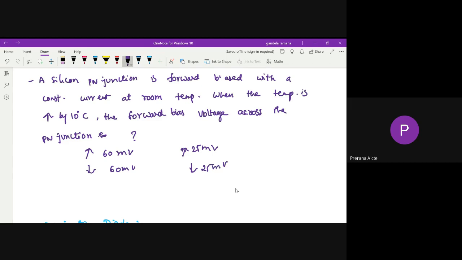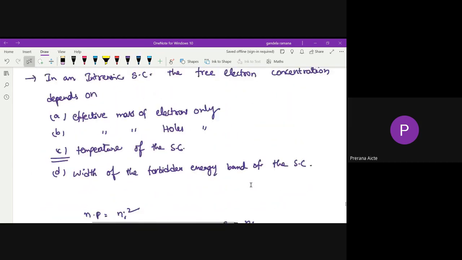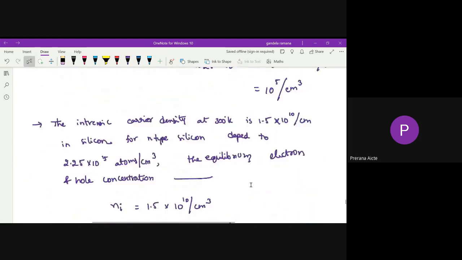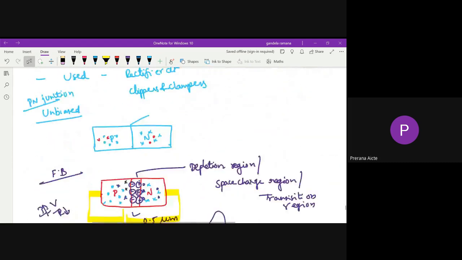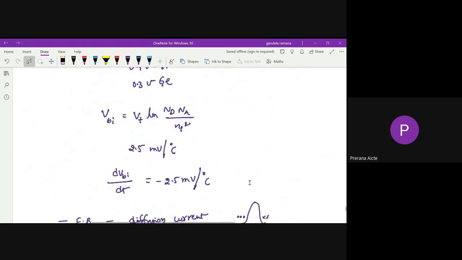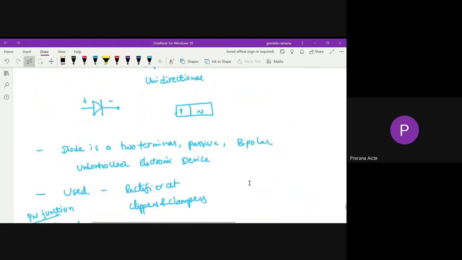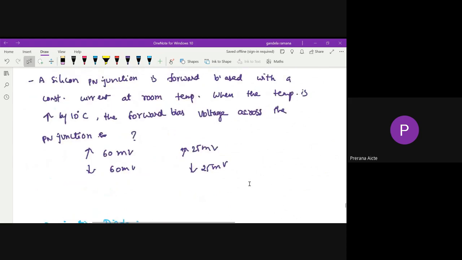What is the answer? It will decrease. dV by dT is equal to minus 2.5 millivolts per degree centigrade.